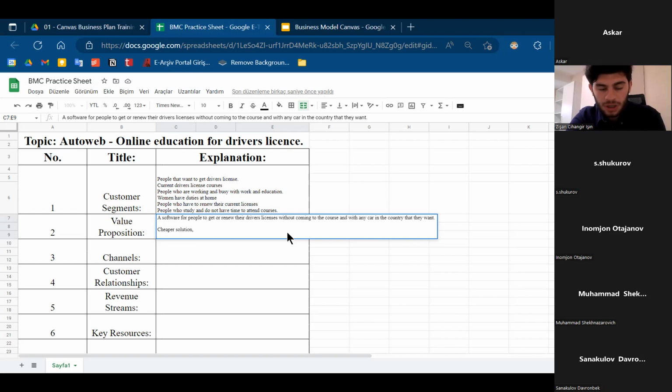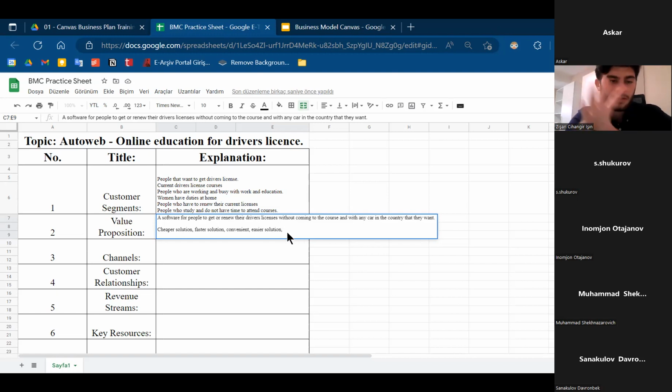Okay, cheaper solution. Is it faster? This is really convenient to use. Yeah, this is faster and convenient, easy to use. Okay, it's easier, I'm guessing.